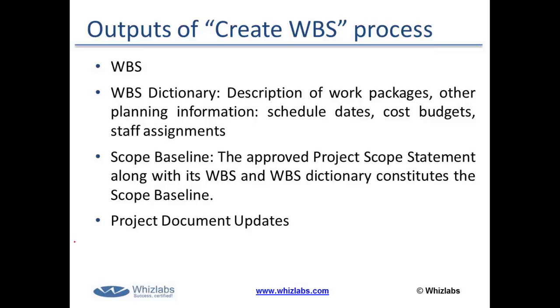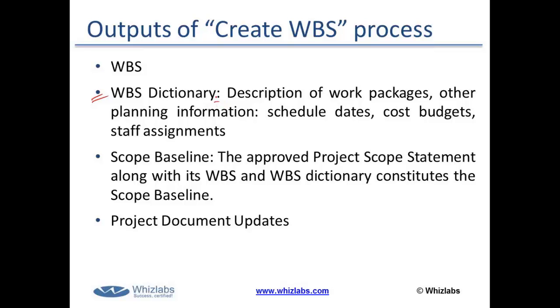So I would come up with a secondary document called the WBS dictionary. It mainly looks like an index, which uses the same numbering system that we used in the WBS, and it explains all the work packages in detail.